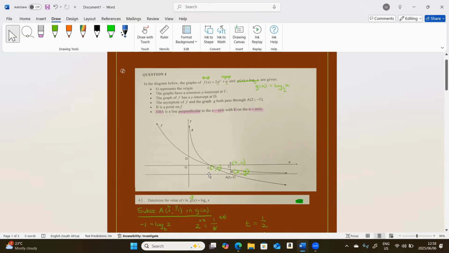They tell us over here that the asymptote passes through this point A. Okay, so at the specific point A, what is our y value? Our y value is -1. So that means that obviously this line would also pass through -1. On this horizontal line, the y value remains -1. So by them telling us that this asymptote passes through this point, we know that this -1 would be the y value, basically the equation of this horizontal line.